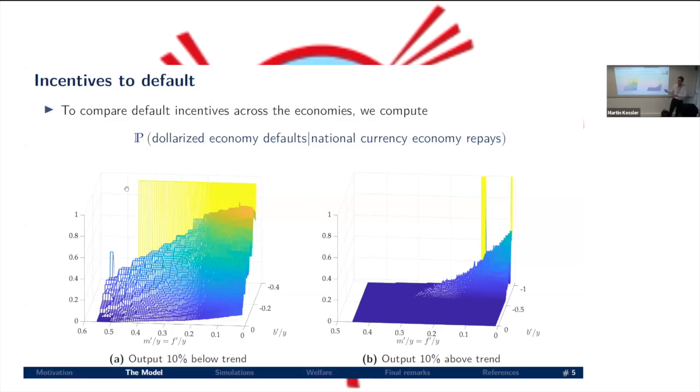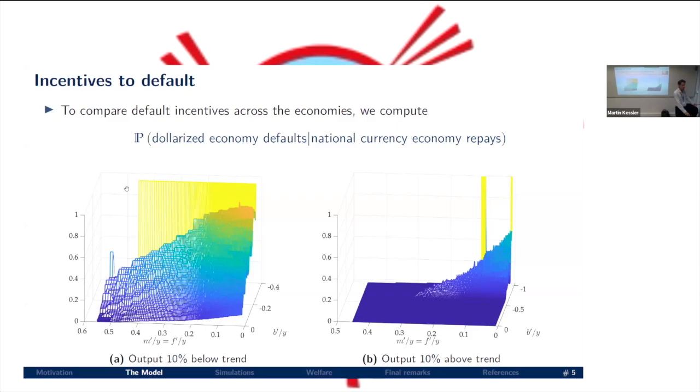There's a default cost that increases with output. So if output is very high, default becomes very costly. And then this effect of dollarization increasing default incentives relative to maintaining your national currency sort of starts disappearing, unless you have a pretty high debt of around 100% of GDP. Okay.